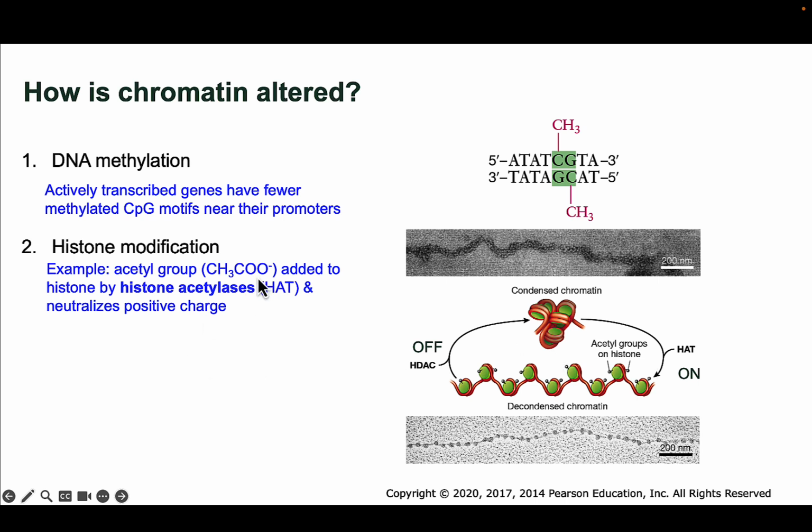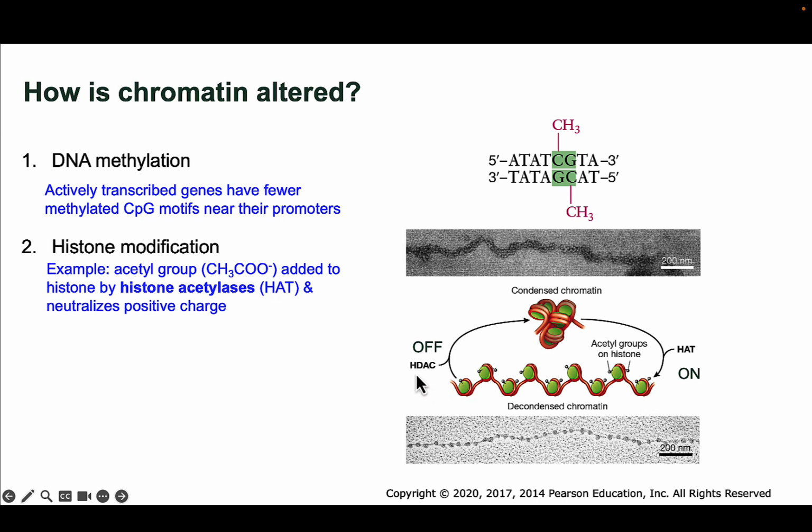And then this here COO-, this carboxyl group, right, it's an acid. And so this will also neutralize that positive charge. And so these become less positive, and that disrupts the interaction with the negatively charged DNA. And so another way to think about this is that these HAT enzymes, the histone acetylases, they can turn on gene expression by neutralizing the positive charges on histones by modifying them.